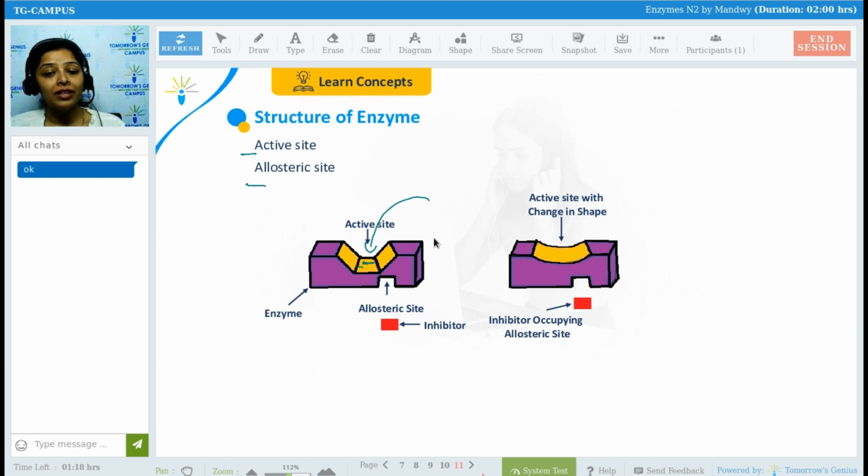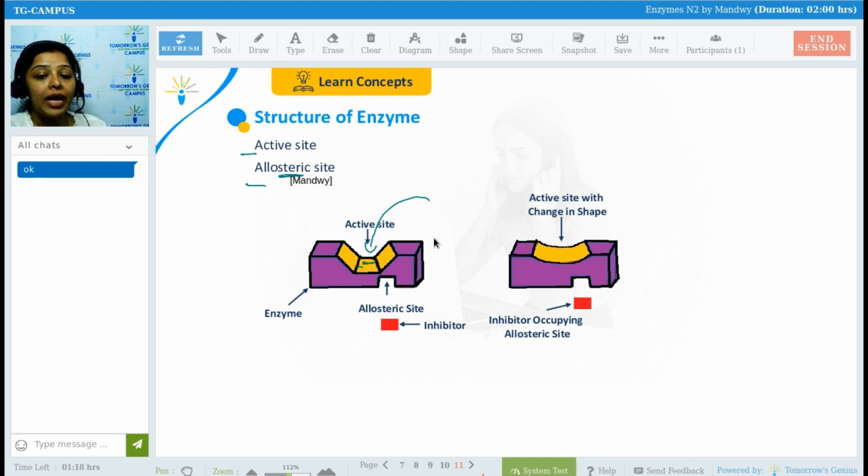This active site is the protein part, made up of a very specific type of amino acid, and this amino acid is coded by the genetic code.